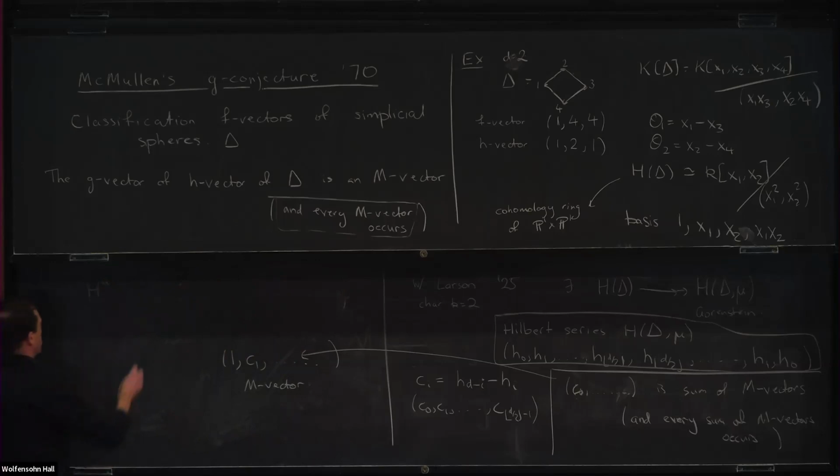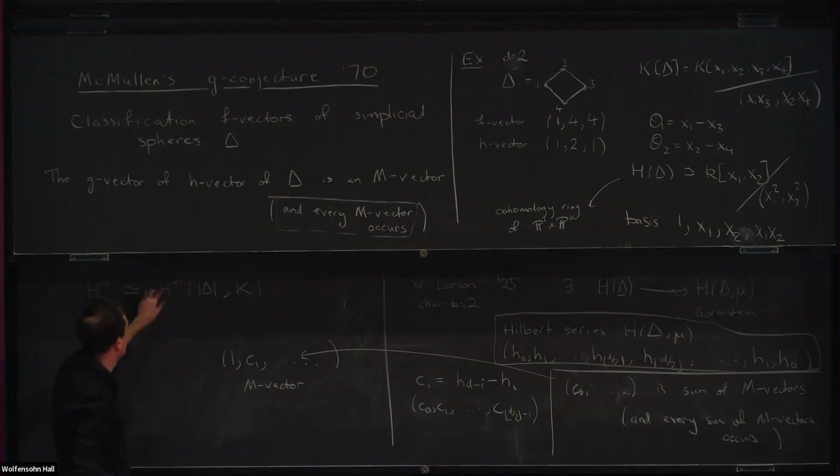It's always isomorphic to the d minus i-th homology of the underlying simplicial complex. I didn't do this part of the dictionary because I skipped parts, but this is something on the commutative algebra side, and this is something on the simplicial complex side.